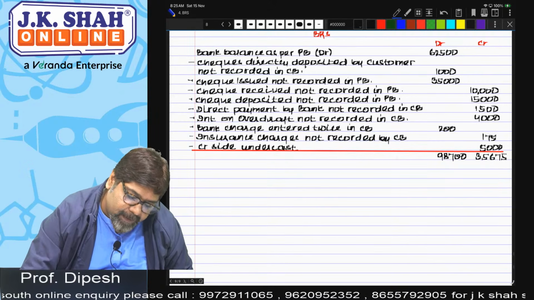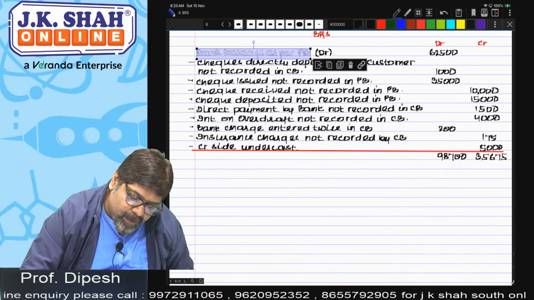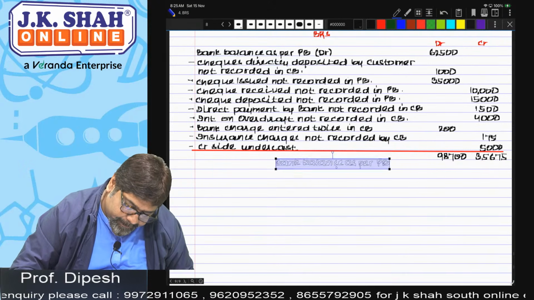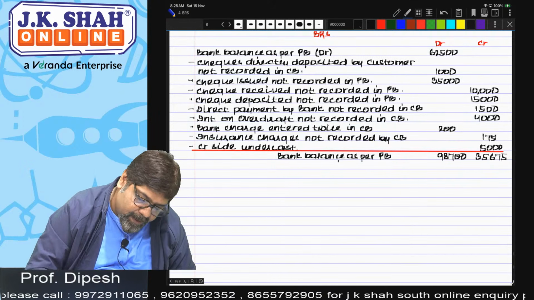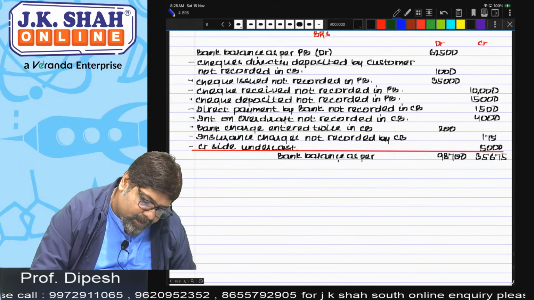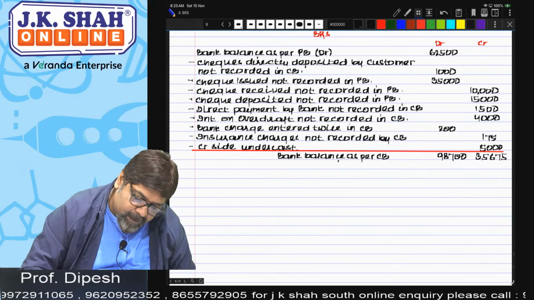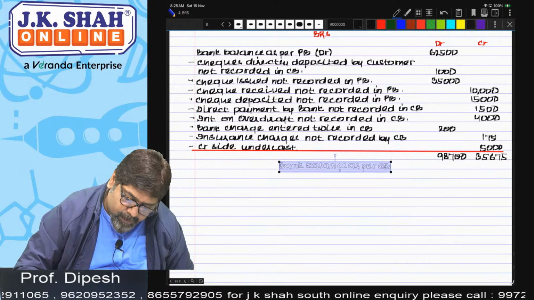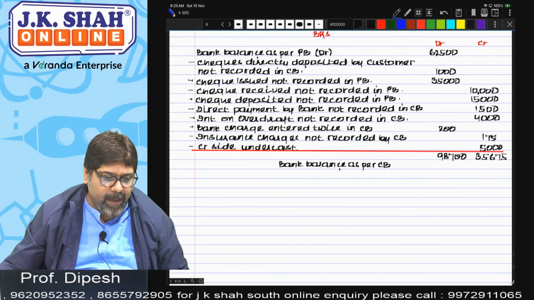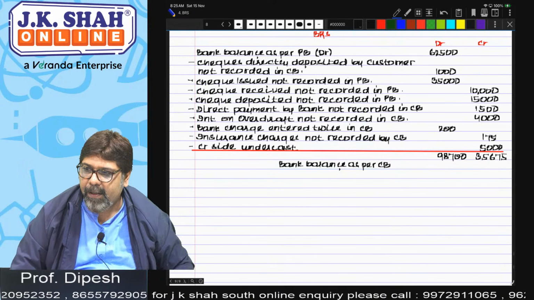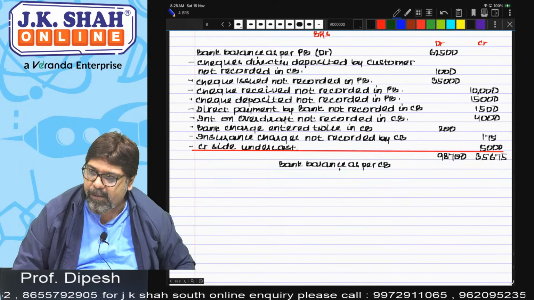Now we started with the passbook, and will end in the cash book. So the bank balance as per cash book. Tell me, chartered, what will the balance be and on which side? Credit total 35,675. Very good.